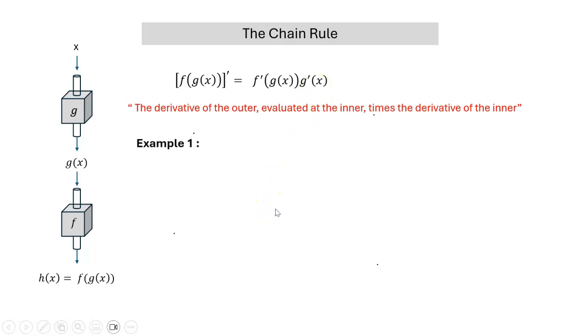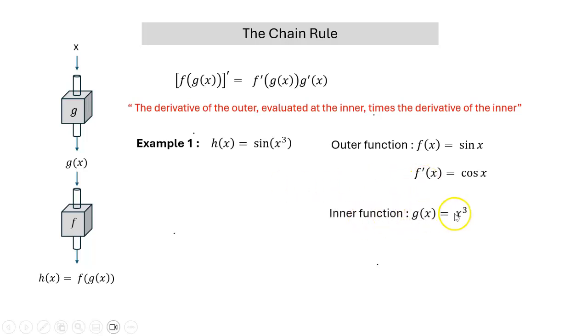Let's look at an example. Suppose our function is sine of x cubed. So what are our inner and outer functions? I think for sure the inner is x cubed and the outer is sine. So what are their derivatives? The derivative of sine is cosine, and the derivative of our inner function x cubed is 3x squared.